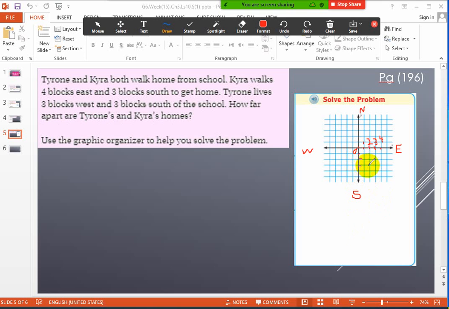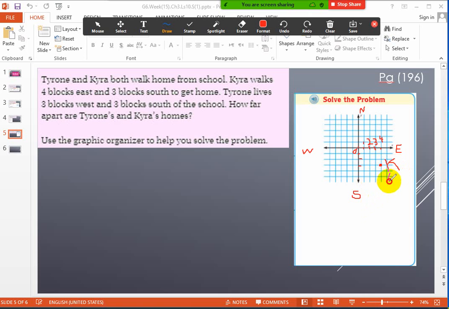So I have to take this point. This is the point that represents Kyra's home. I will set K for Kyra.